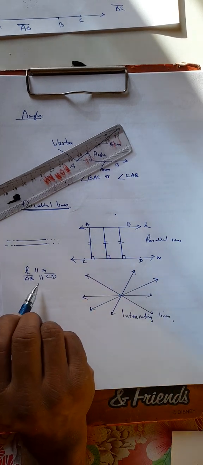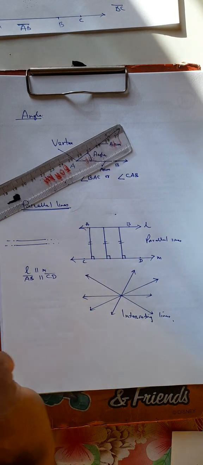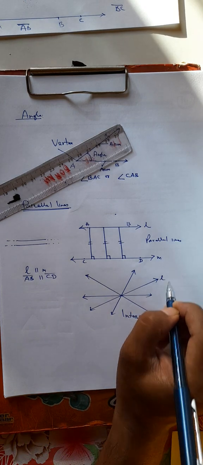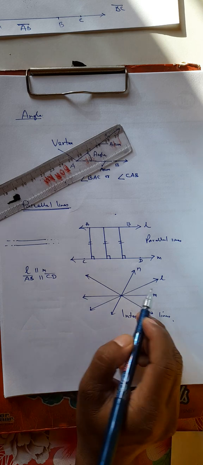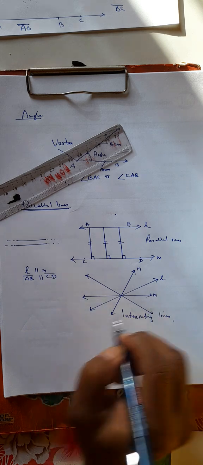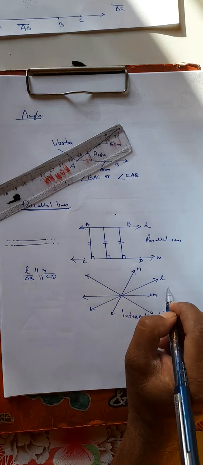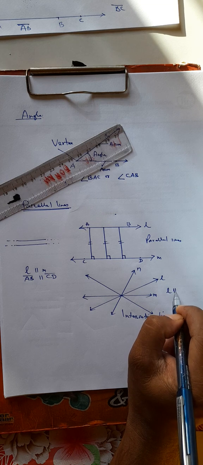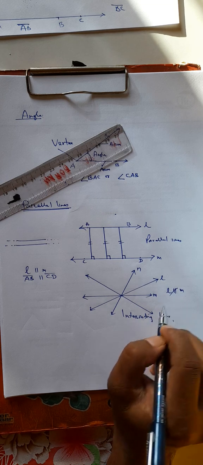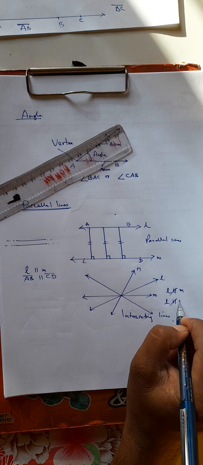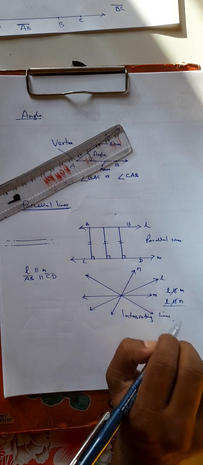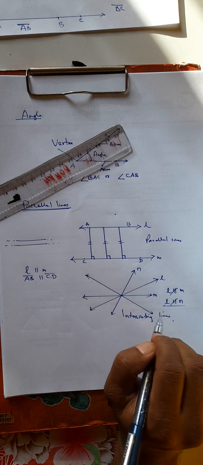Now if line L is not parallel to M, we write it by crossing the parallel symbol. They are not parallel.